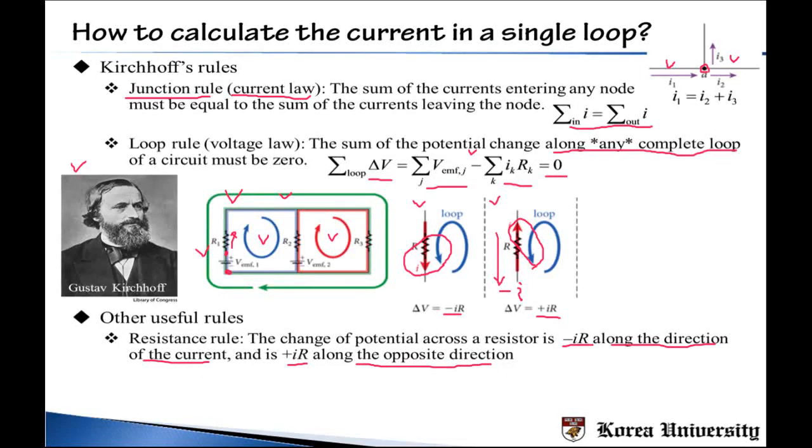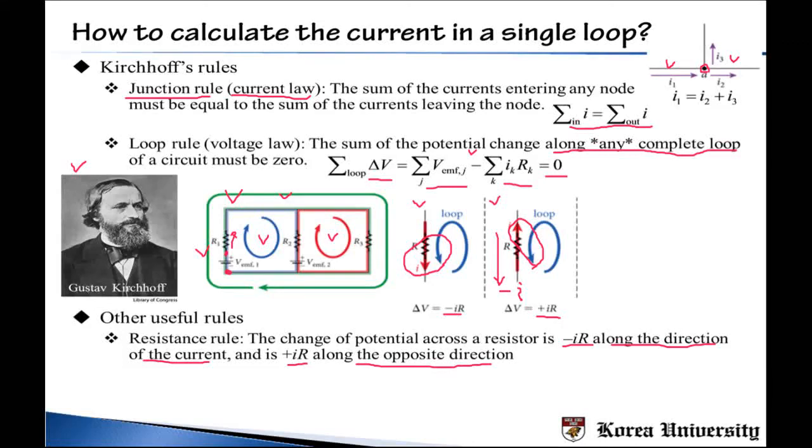Then if you get a positive value after the calculation, it simply means your assumption of the direction was correct. And if you get a negative value of the current, then it simply means that the direction must be opposite. So please remember that. We will probably see some examples in the classroom.